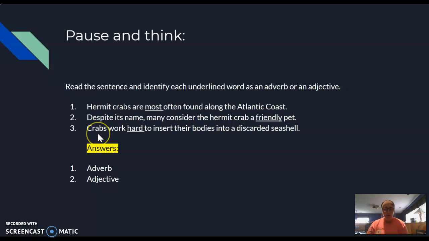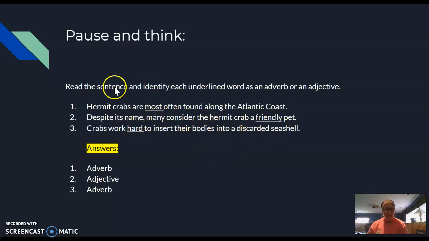Number 3, crabs work hard to insert their bodies into a discarded seashell. This is one of the ones that could really go either way, and you have to look at what is happening around this word, okay? Crabs are hard? Nope. It's not working as an adjective to describe crabs. Their bodies are hard?